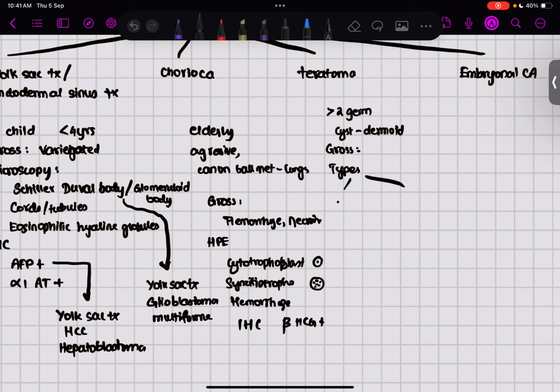So mature form is benign, which is pre-pubertal. Immature is post-pubertal. Mature, immature, benign, malignant.